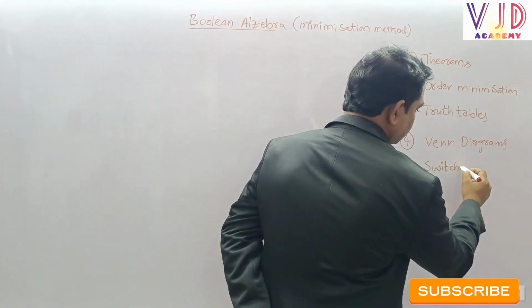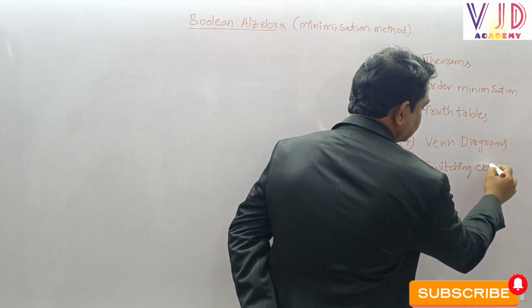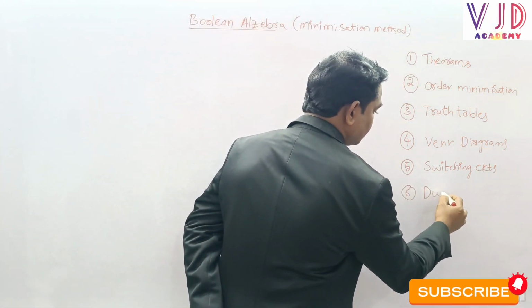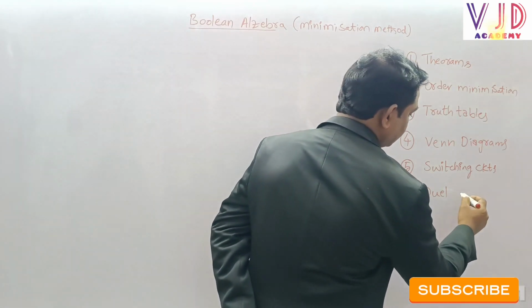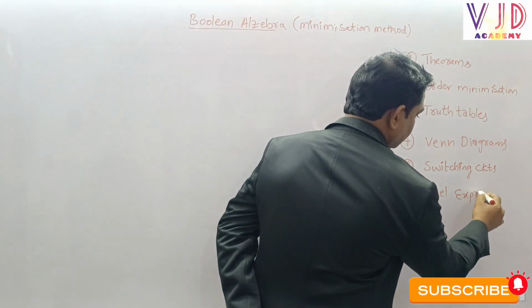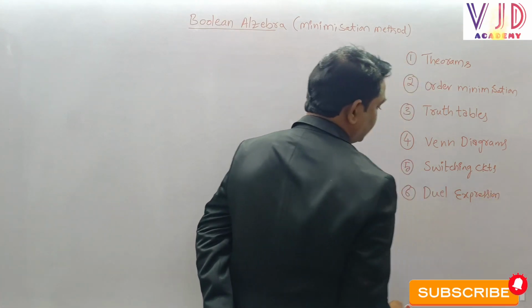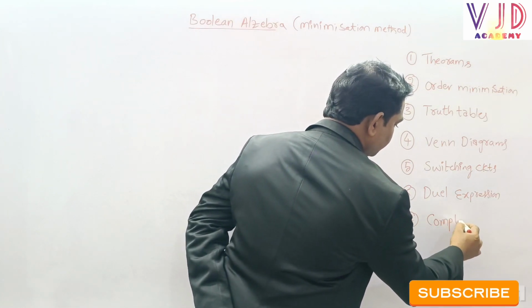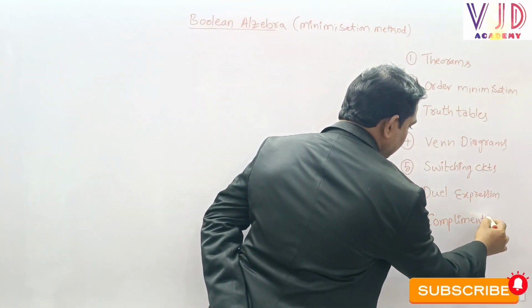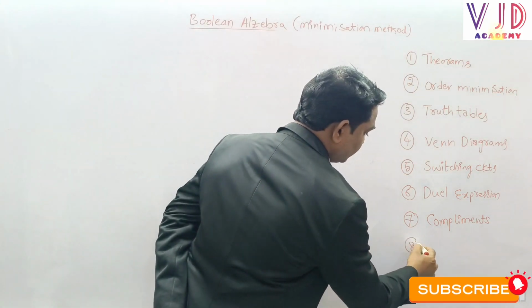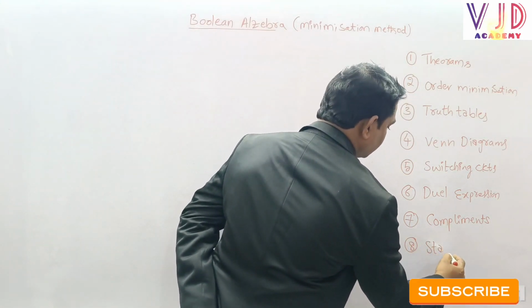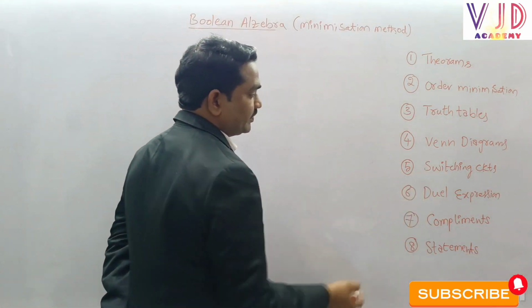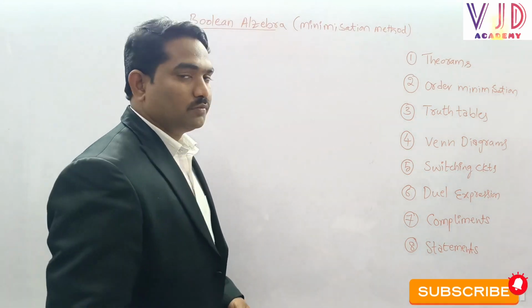Sixth, dual expressions. Seventh, complements. And the final one, eighth, statements of Boolean algebra. These are the things we need to learn when we look at Boolean algebra.